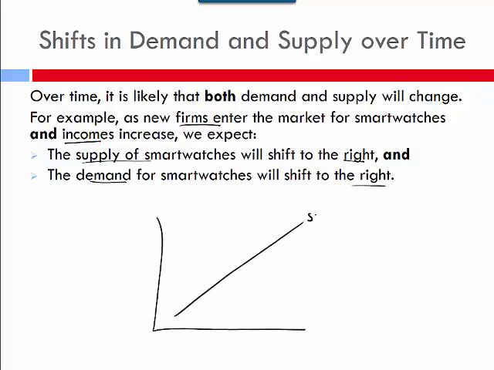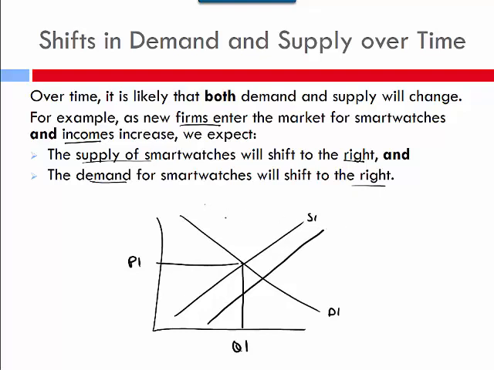Here's the supply 1, here's the demand 1. I start out at this price and this quantity, quantity 1. And so now what happens is the supply shifts to the right, and at the same time demand shifts to the right, like this. Demand 2, S2. And so here's my new equilibrium point.